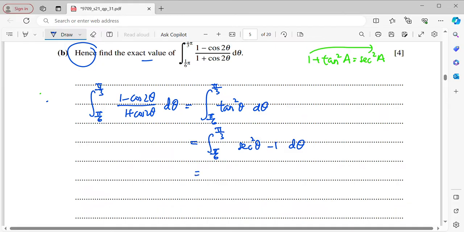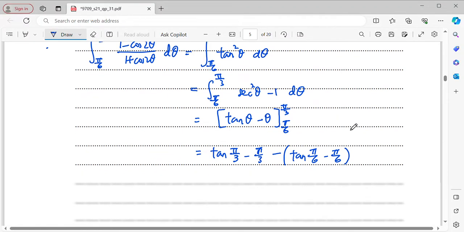When you integrate secant squared theta, it will be tangent theta. Integrating minus 1 d theta gives minus theta. Now replace the theta by the upper limit first, which is pi over 3, and then we minus when theta is the lower limit, which is pi over 6.